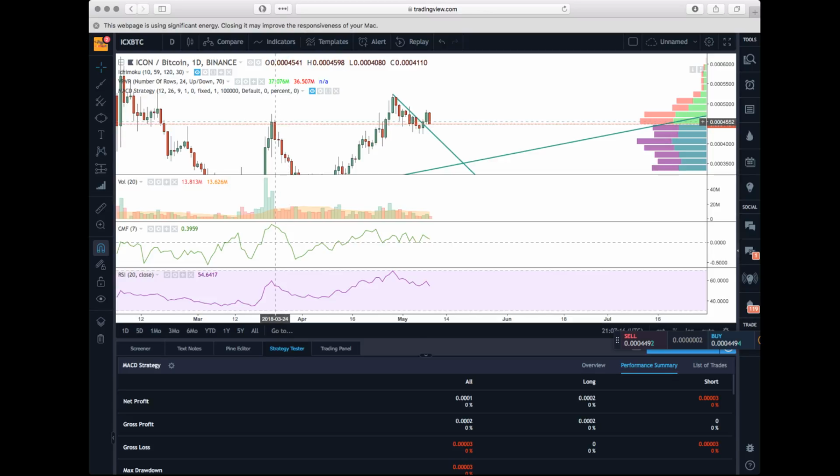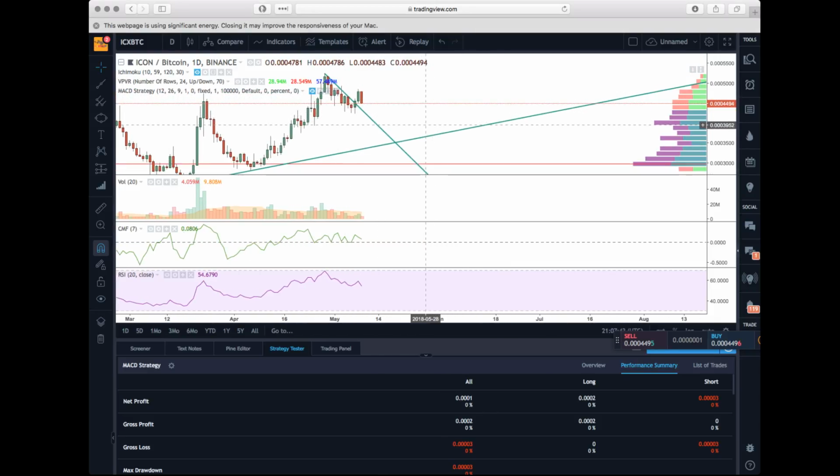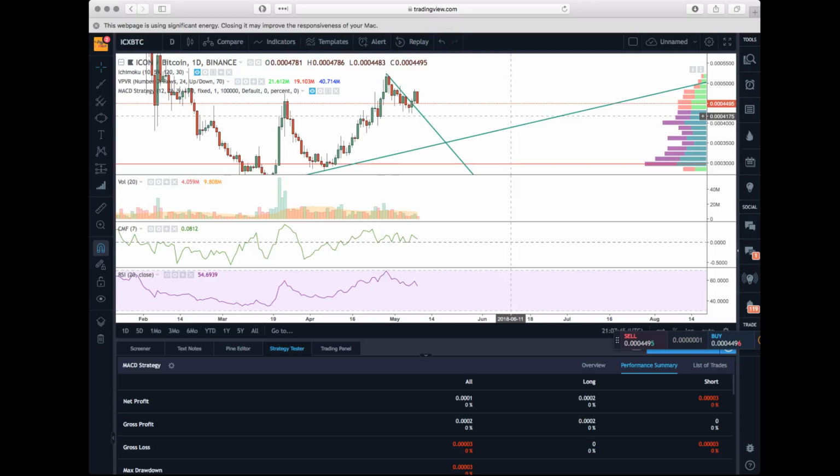And really in a continuation trend, you want to see the lows in price higher than the previous high. So we're not getting that right now, and we didn't get that right there either. So that could be kind of a sign that this is still going to come down a little bit more.